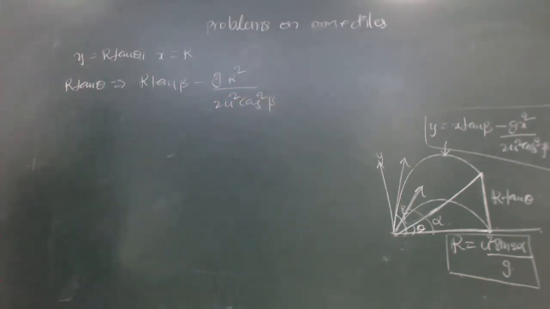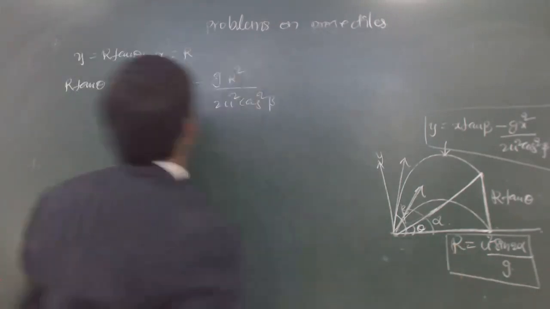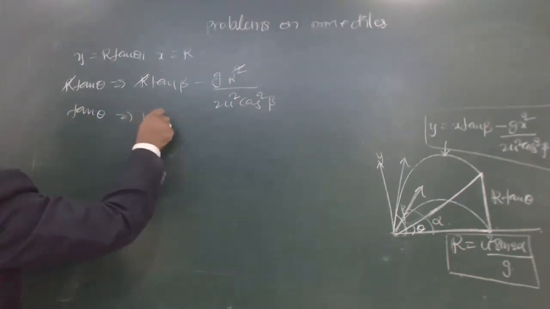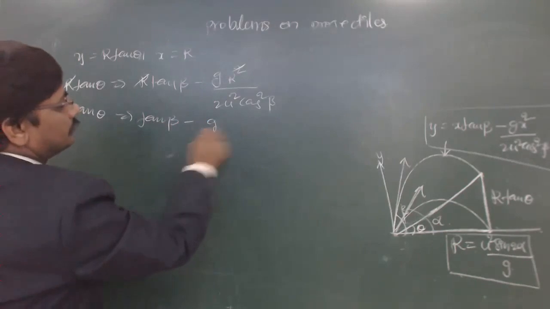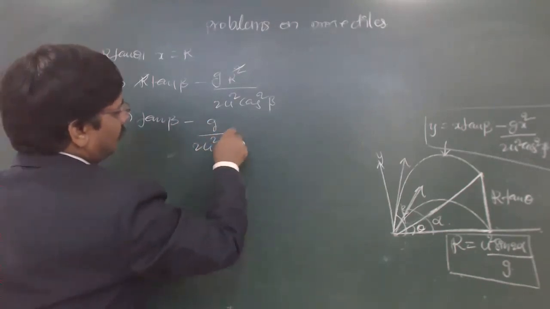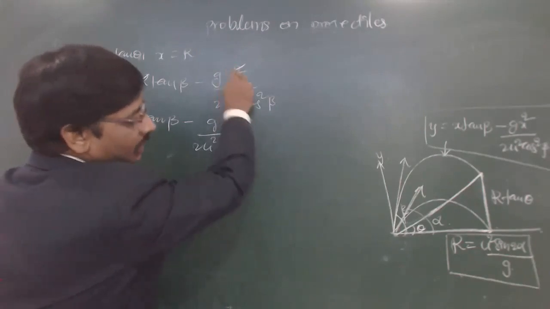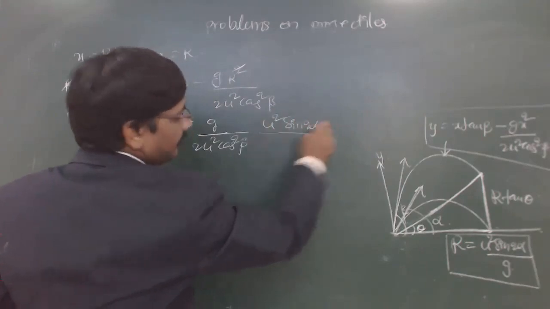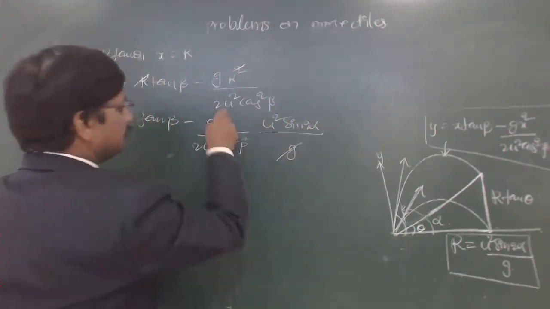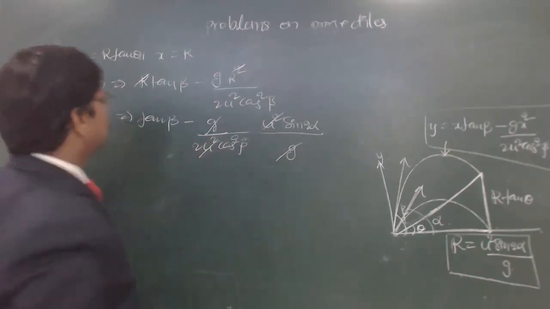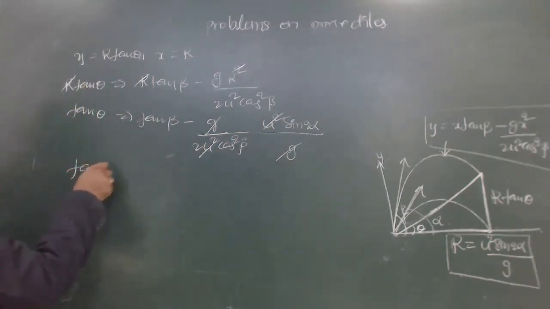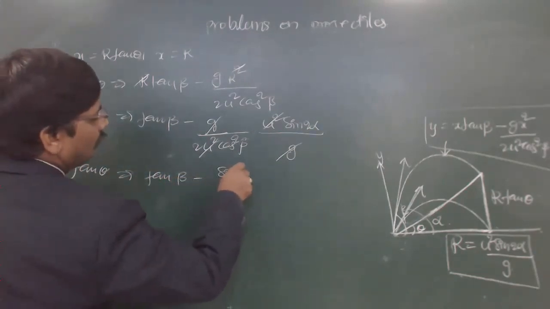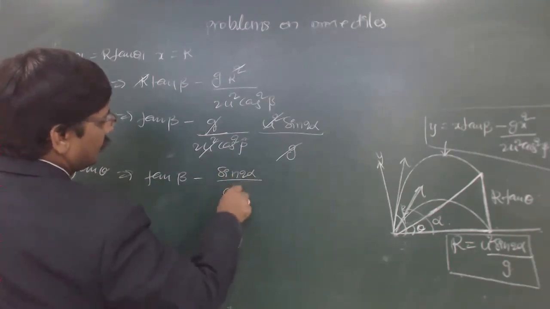Now we cancel r once, so tan theta equals tan beta minus g r by 2u square cos square beta, and we replace r as u square sin 2 alpha by g. So g cancels and u square cancels, and we are left with the simple relation tan theta equals tan beta minus sin 2 alpha by 2 cos square beta.